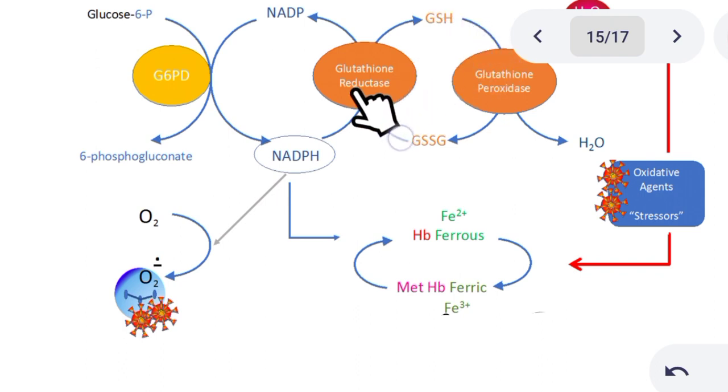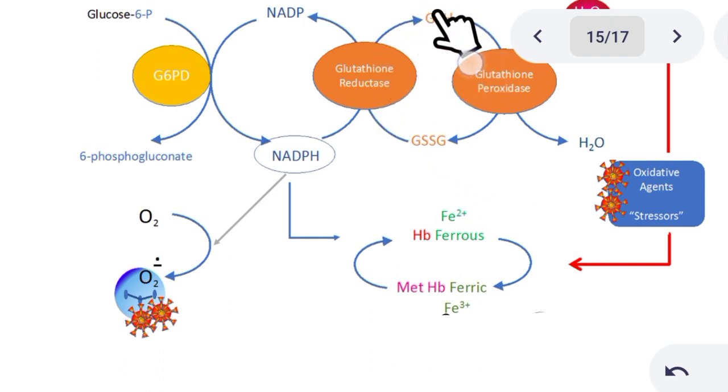The enzyme glutathione reductase will get a hydrogen ion, in other words an electron, from NADPH and add it to glutathione, so it becomes reduced.